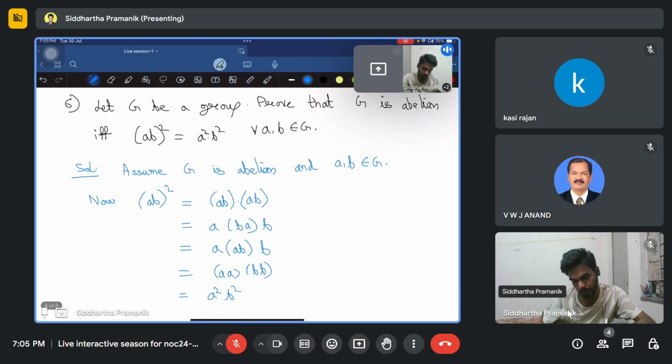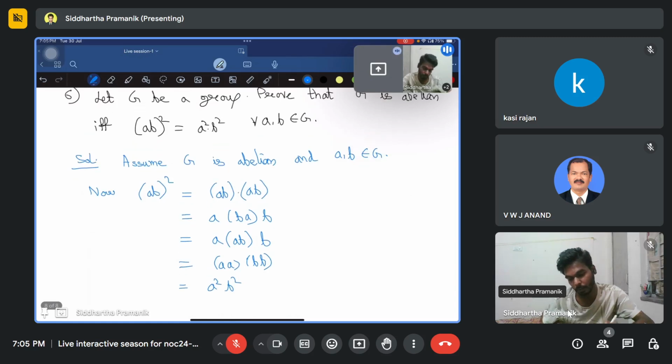So we are left with the converse part. Conversely, assume this relation holds for every pair of elements a, b in G. Then let's prove that G is an abelian group.